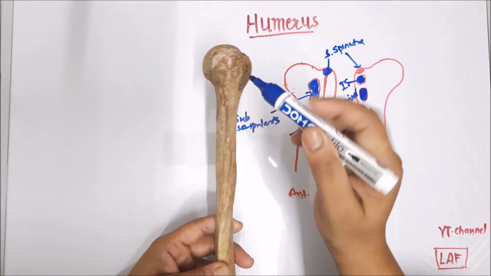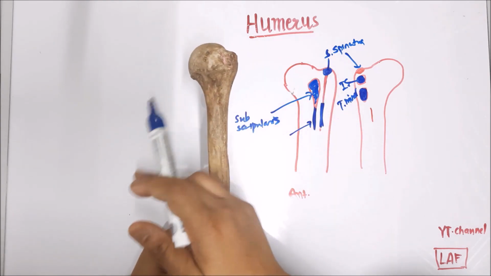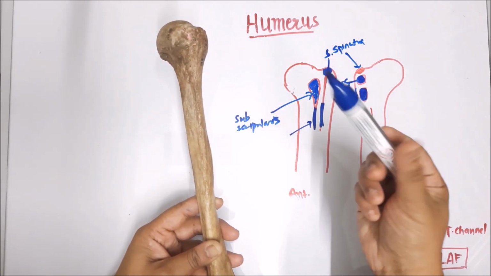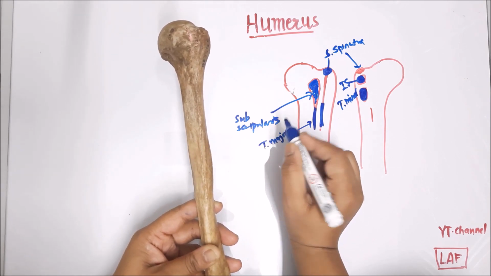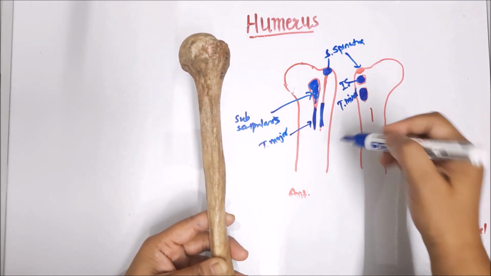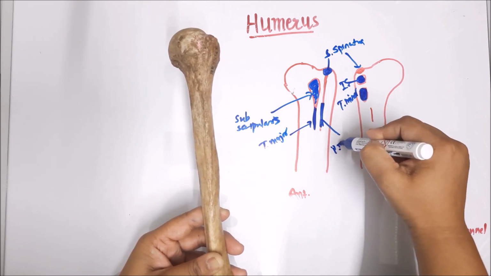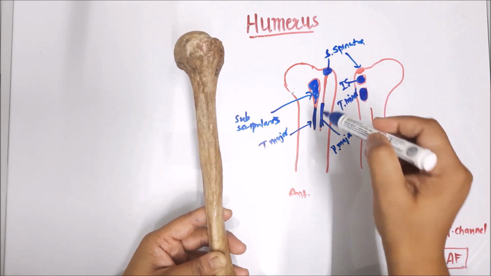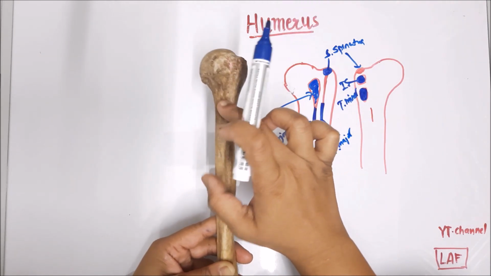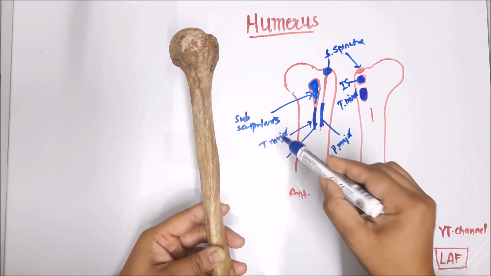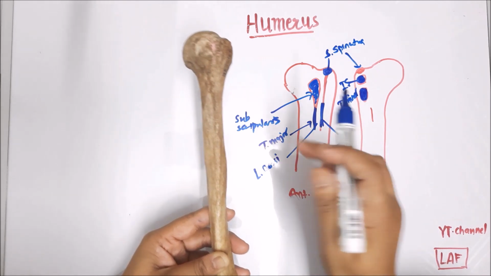Now let us focus on the intertubercular sulcus. On the medial lip of the intertubercular sulcus, towards the head, there is an insertion of teres major muscle. On the lateral lip, there is an insertion of pectoralis major muscle, and into the floor of the intertubercular sulcus there is an insertion of latissimus dorsi muscle.